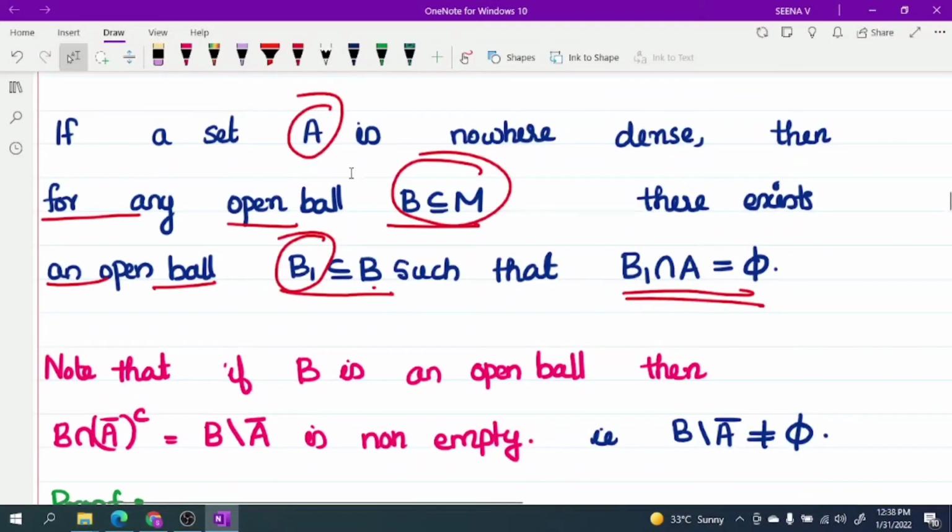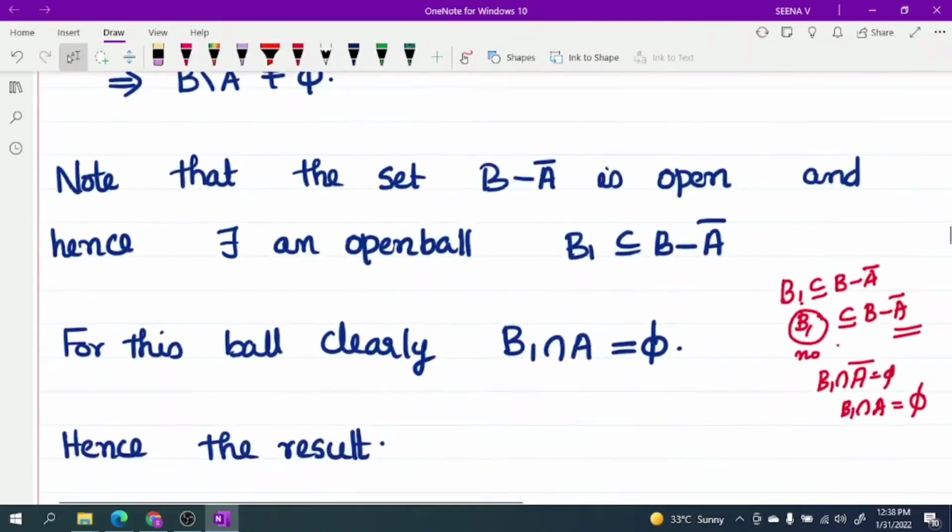We are applying this result. So for A1 and for B we have D(x0, 1), there exists B1 subset of B such that B1 intersection A1 is equal to empty.